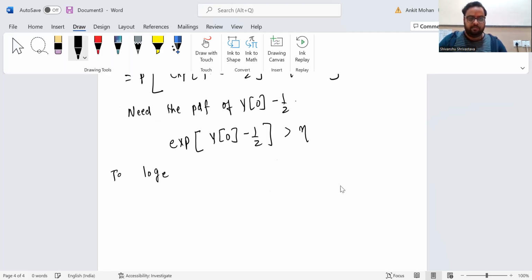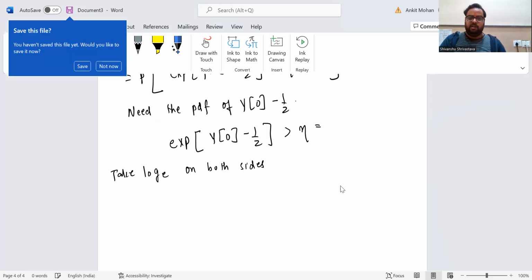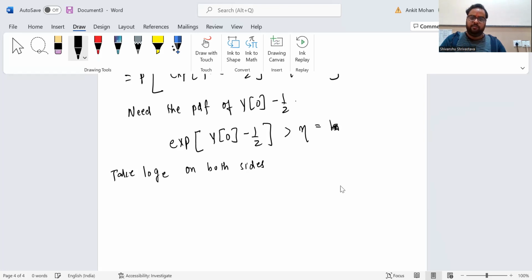Let us take the natural logarithm on both the sides. So let us first make this eta as some exponential beta.